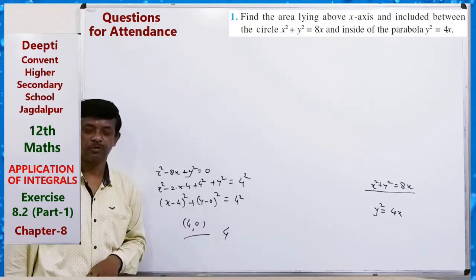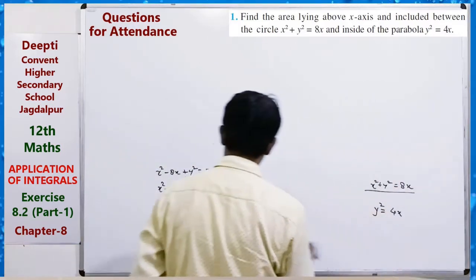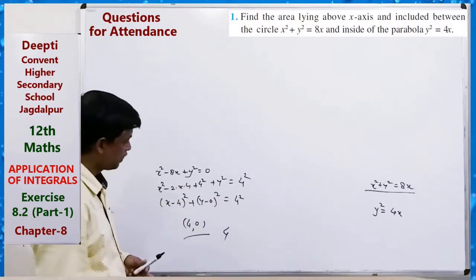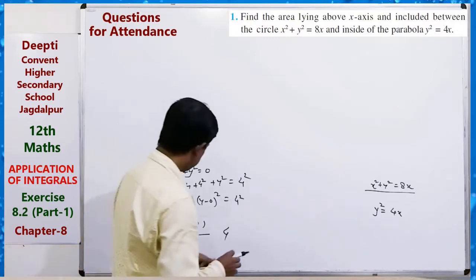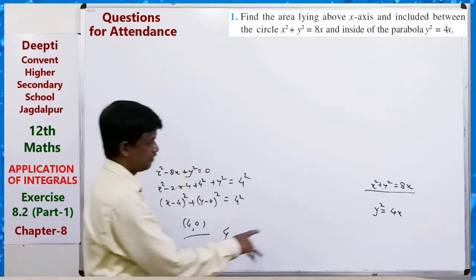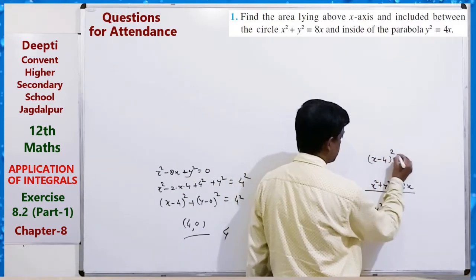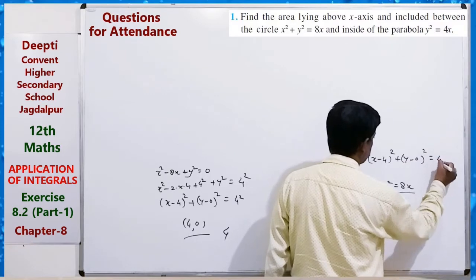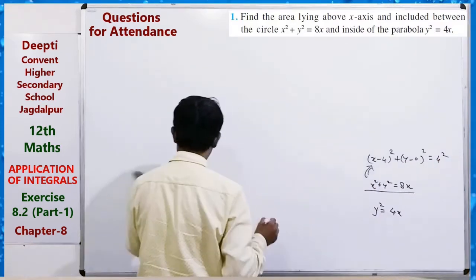Center is (4, 0) and radius is 4. Okay. So we can draw the diagram of this circle. This can be written as (x minus 4) square plus (y minus 0) square equals 4 square. So you can draw the diagram.